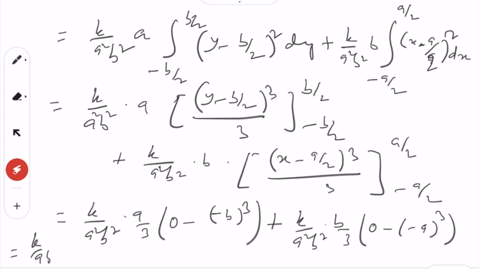Okay, so we have a here. The rest is, so ab is common now, so minus plus, this is b square now over 3, so b square plus a square over 3.